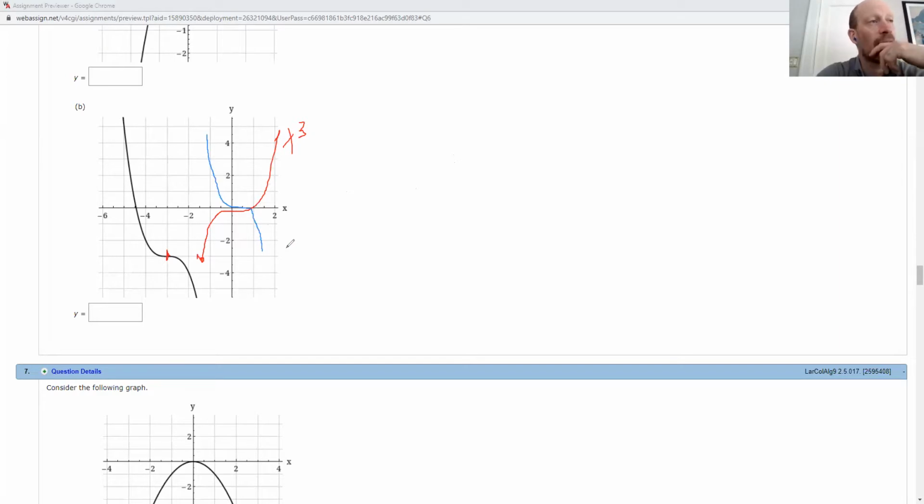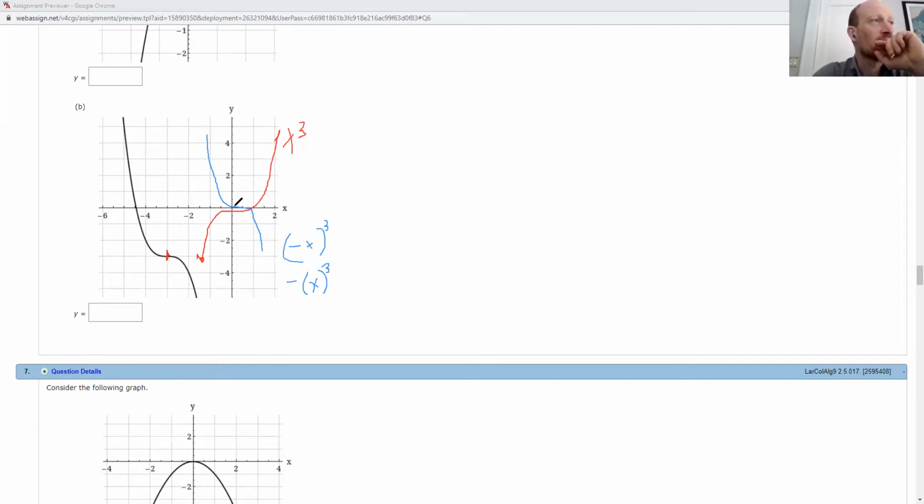And to do that, I put a negative inside the function. It turns out it's the same as if you flip it vertically, which would be a negative on the outside, and it doesn't matter. It's going to be equal to this. So either one of those is going to give you the same result.